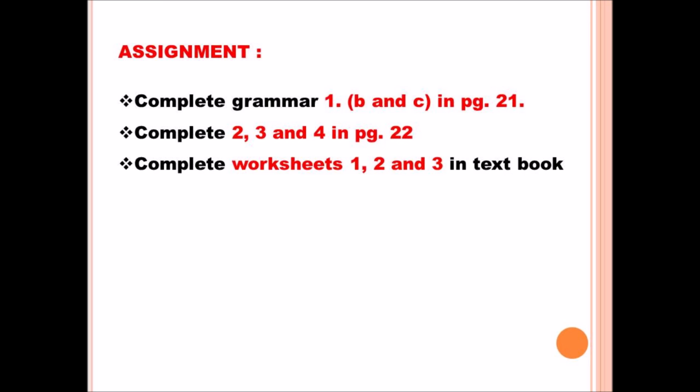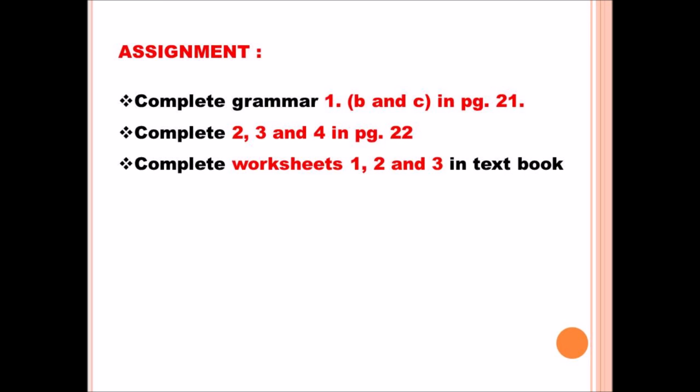And we have seen so many keywords for both the tenses. On seeing those keywords, we have to use the tense. We have also seen do, does and be form of verbs, am, is, are, and how we use these in questions. So with this you have to complete the exercises in your book.